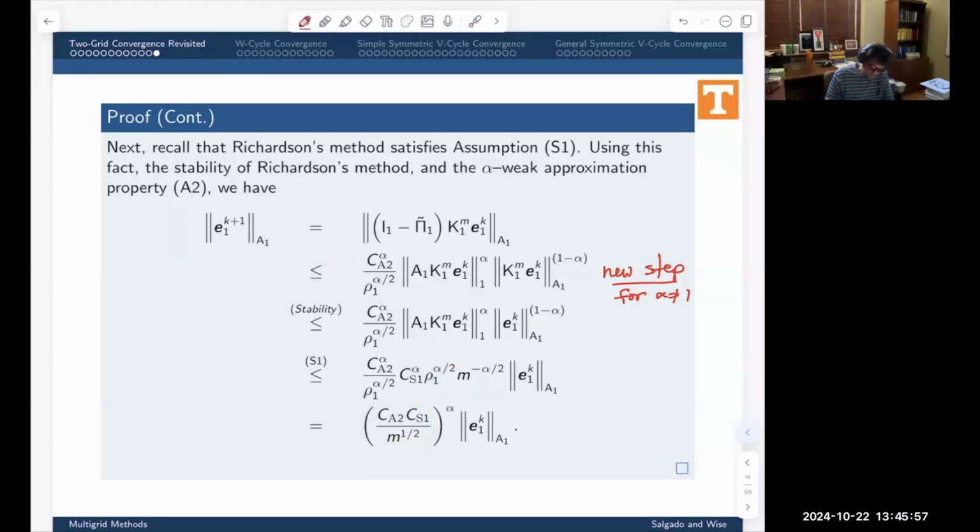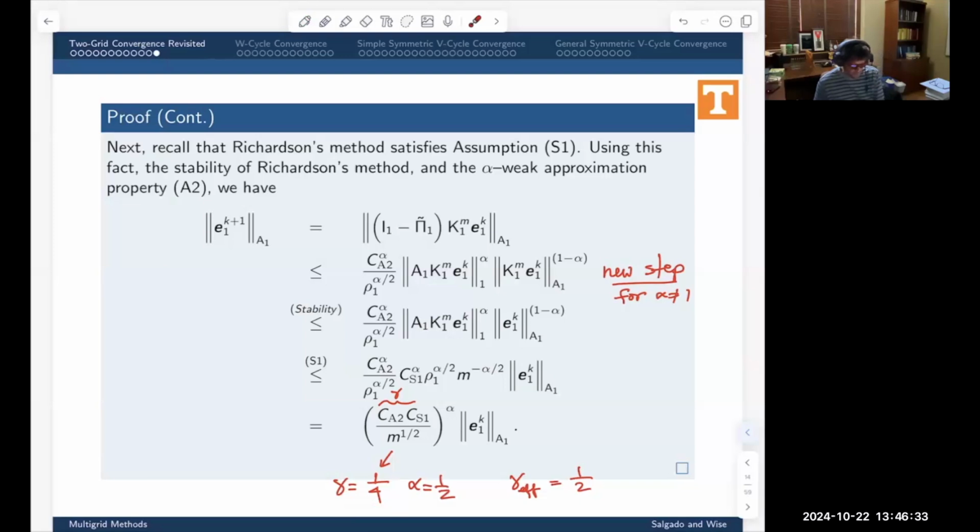Again, the example I want to use is: suppose that this guy is equal to a quarter, and we'll call this gamma. So if gamma is equal to a quarter, but alpha is equal to a half, then we come out with an effective convergence rate or contraction factor of gamma to the 1/2 power. So our effective gamma becomes 1/2, because we have to take the square root of gamma.